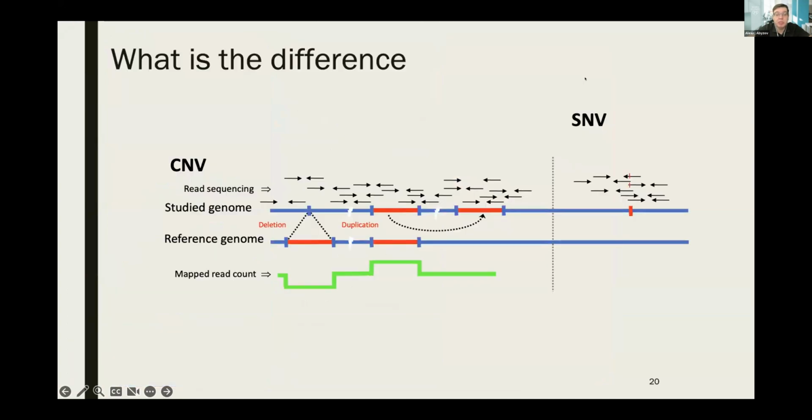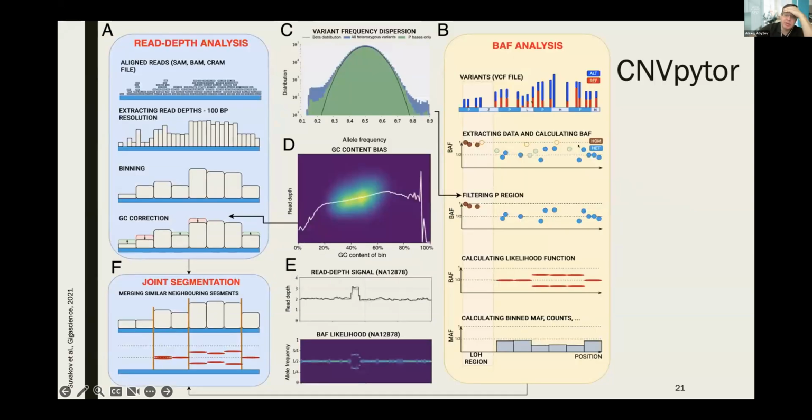Let me go back for one second. If you suddenly delete one haplotype or duplicate one haplotype, you now have an imbalance, and natural variations within these areas start showing the imbalance. Here they are balanced, 50-50 between the two haplotypes. Now you see imbalance, so you can use this information. It's called B allele frequency.